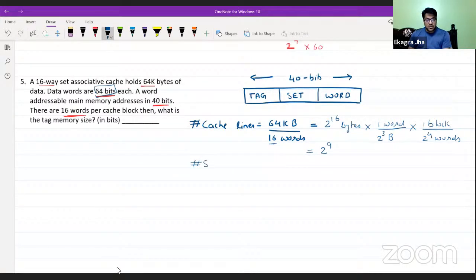So the number of sets should be equal to the number of cache lines divided by the P way. P way here is 16. So 2 to the power 9 divided by 16, which is 2 to the power 4, gives you 2 to the power 5 sets. Okay, so hence there are 32 sets.